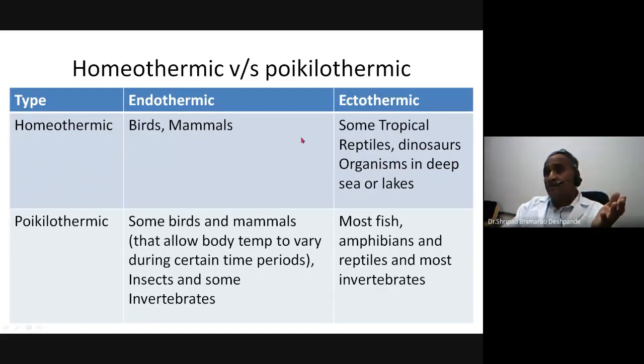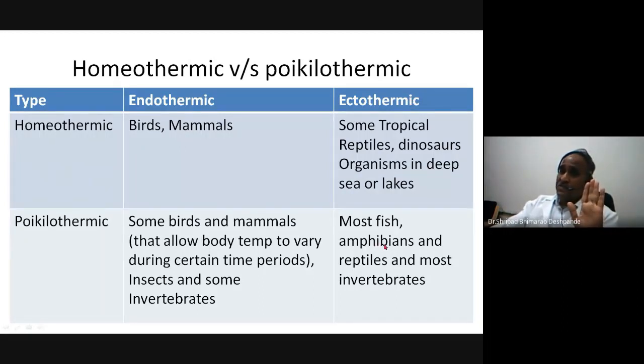Now coming back to the poikilothermic and ectothermic animals. Poikilothermic means they are not regulated or not controlled, and ectothermic means controlled by the external environment. Most of the fish are poikilothermic, cold-blooded, and regulated by the external environment.